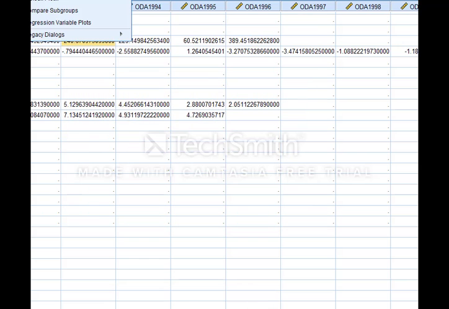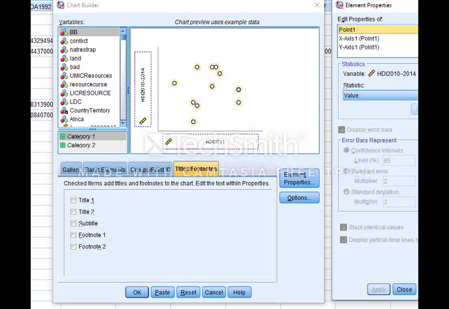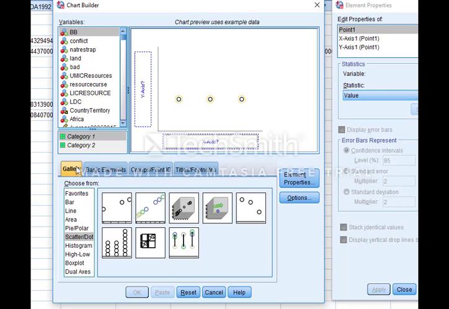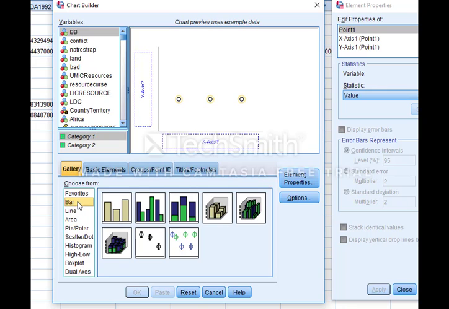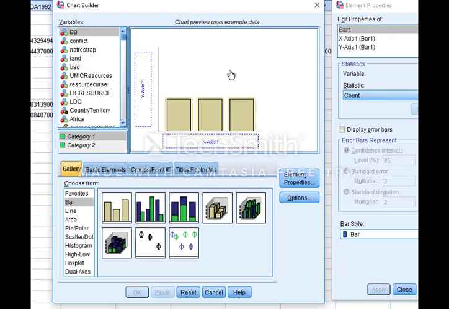So if I go to graphs here, let me build you a bar graph quickly. Okay, so this is an example of a bar graph. Let's go with something easy.